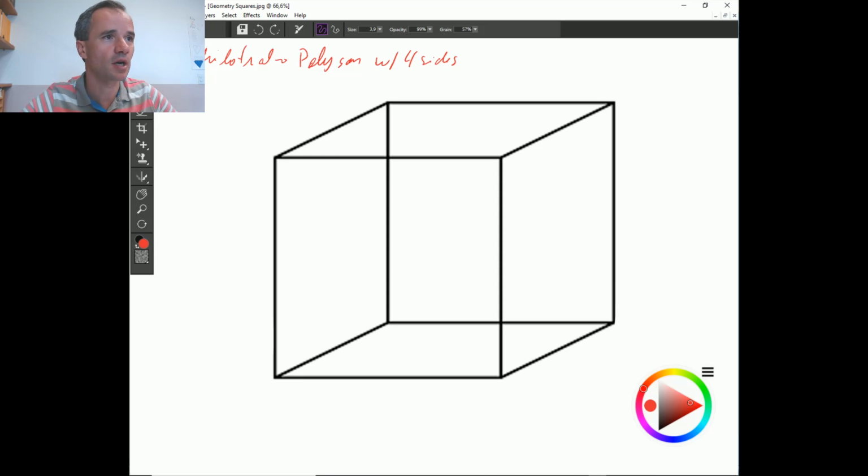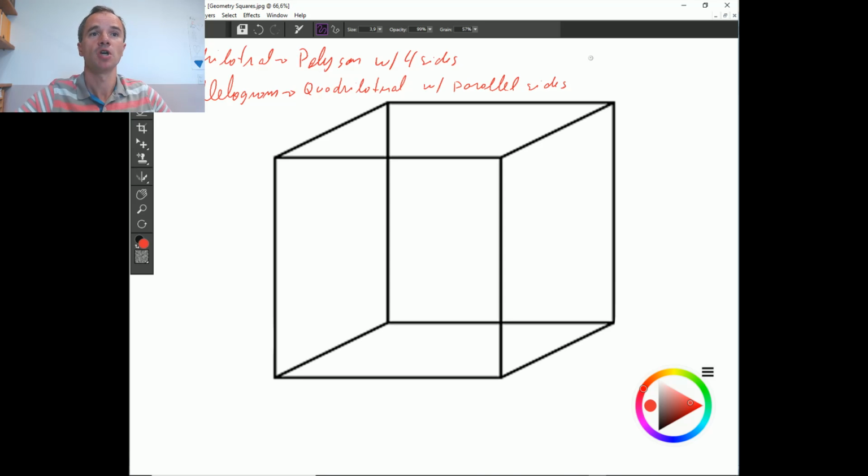Another term that we have to know: what is a parallelogram? A parallelogram is going to be a quadrilateral with parallel sides.